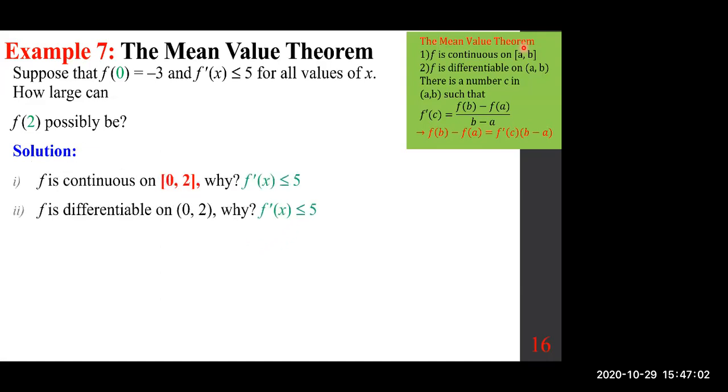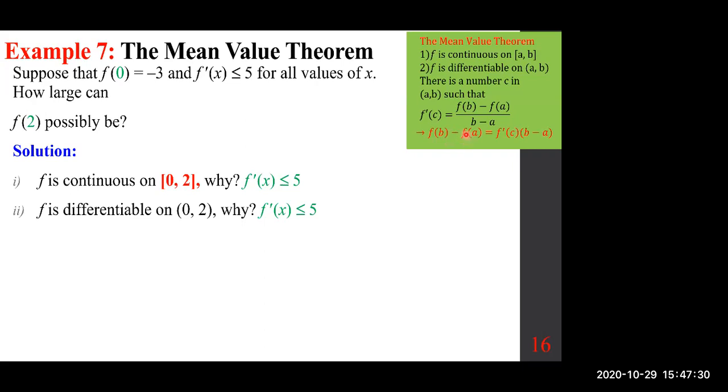So why is this differentiable? It says so. Over here, it says f prime is less than or equal to 5. That's why. If it is differentiable, it's always continuous, class. As long as you have differentiability, you have continuity, but not the other way around. So far, so good. How do we do this one? We need the left side and the right side, or we can look at the bottom, f of b minus f of a.